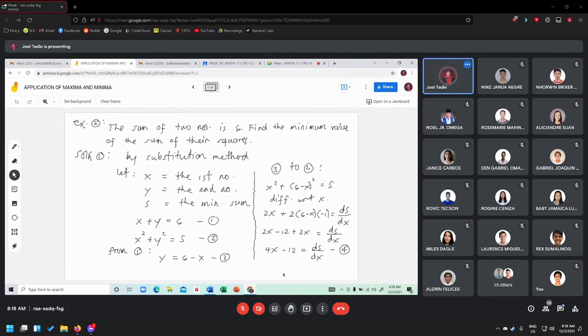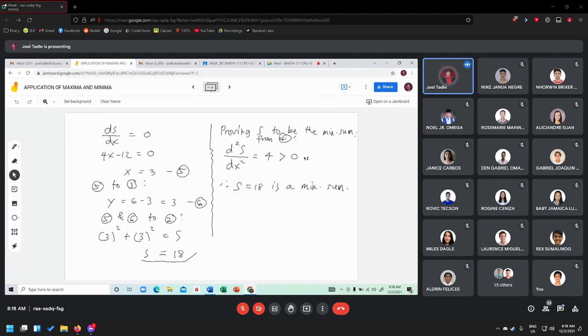We differentiate it again. So the second derivative, d squared s over dx squared, is equal to 4. Derivative of 4x is 4, derivative of negative 12 is 0. So 4. What is 4? 4 is positive, greater than 0. So if y double prime, the second derivative, is greater than 0, it means a minimum. Therefore, our sum equals 18 is a minimum sum.